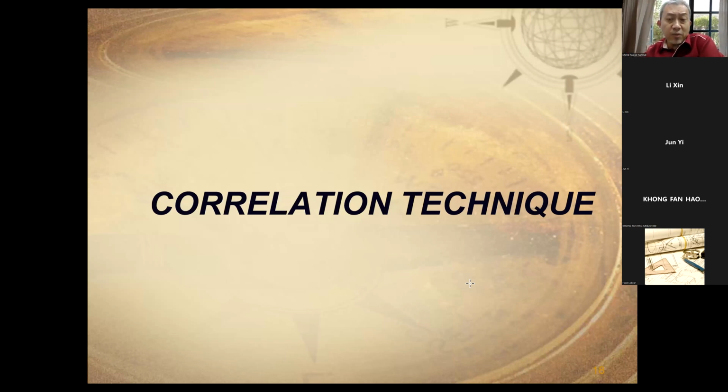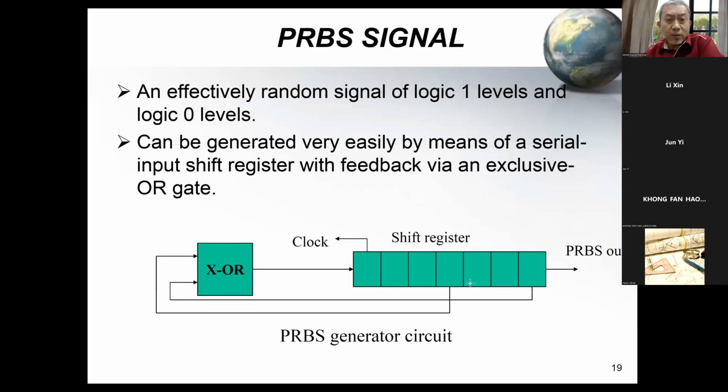So we start the experiment with the correlation technique. We designed the PRBS, a pseudo-random signal of logic 1 levels and logic 0 levels. It can be generated very easily by a shift register as shown, with feedback via an exclusive OR gate. You can see that the XOR gate is over here.